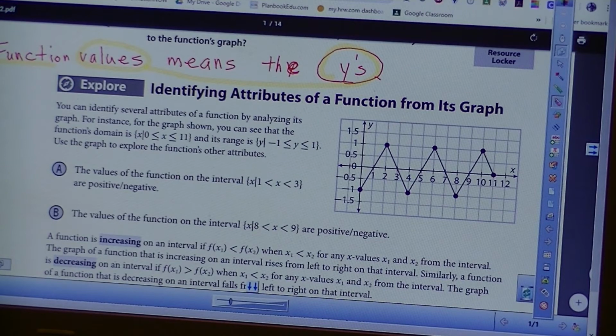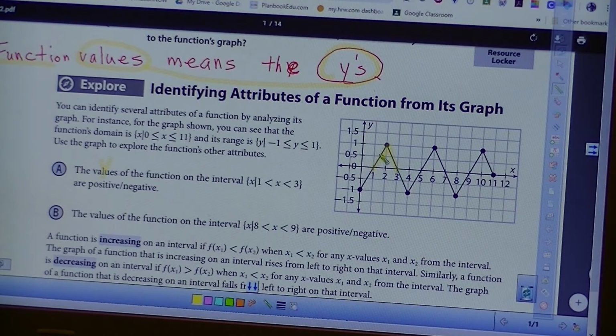Let's get this first example rolling. It says from 1 to 3: what are the values of the function on the interval 1 to 3? Are they positive or negative? So what are they saying? Are the y's between x's 1 and 3 positive or negative? Let's highlight that: here's between 1 and 3.